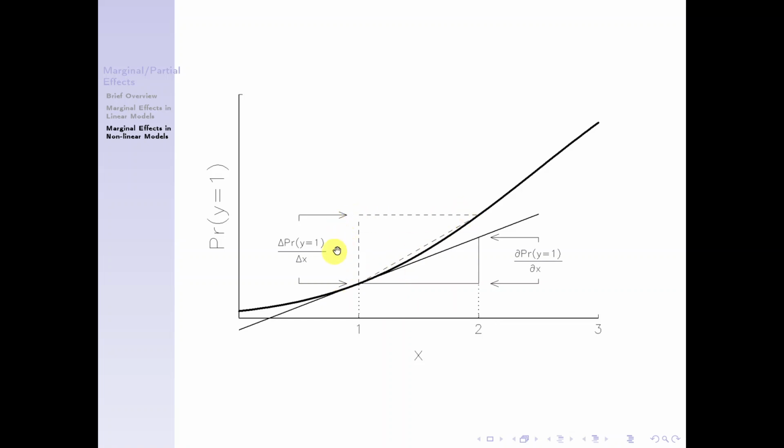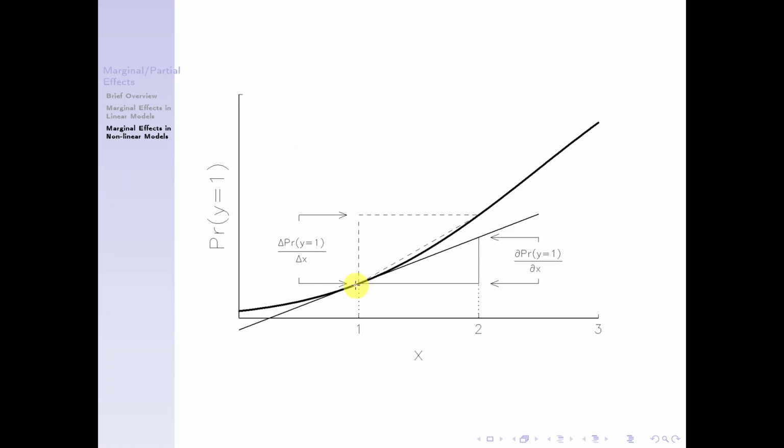And the thing here is they're different. The discrete rates of change and marginal effect here at this point are different. And they're usually different. The discrete rates of change, as well as discrete change and marginal effects, they're usually different, even at the same location. So here we're talking about the same location.